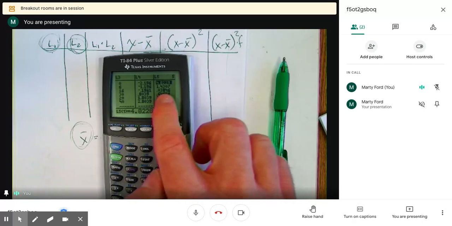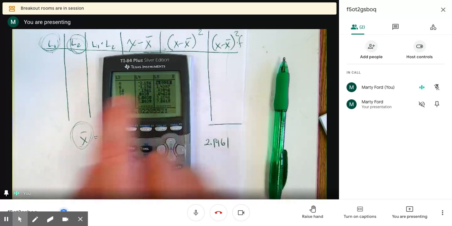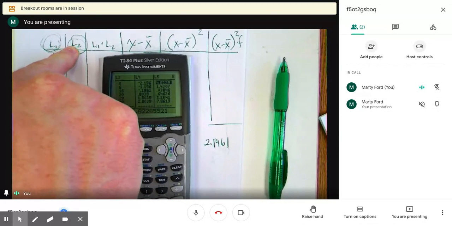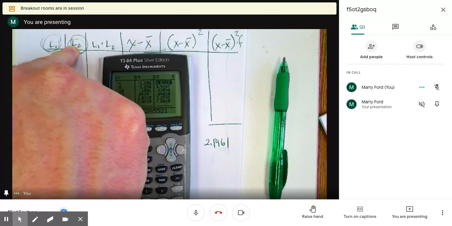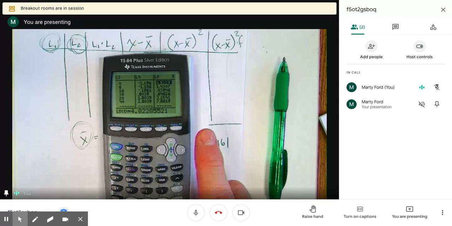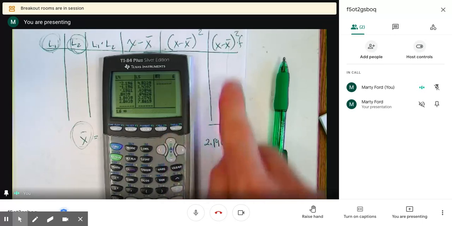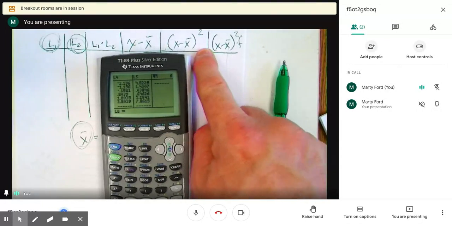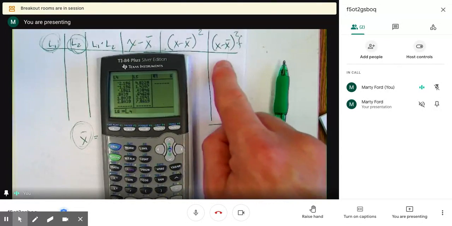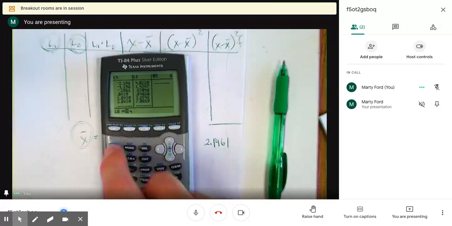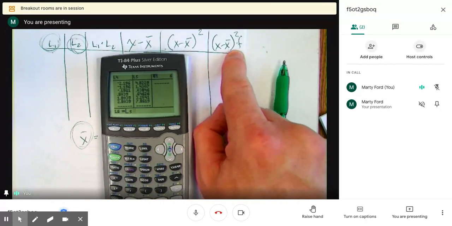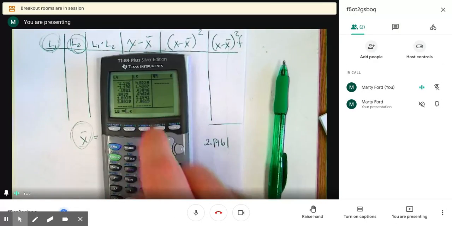Okay? Now we have one last thing. We're going to take all this junk, and we're going to multiply it by the frequency, which was L2. Okay? You'll be able to play this back, so I don't want you getting overwhelmed. So I'm going to go to L6, and now I'm going to put in L4, which was that value right there, and L5. And I'm going to multiply it by the frequency, which was list 2.